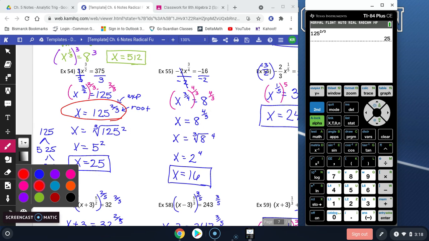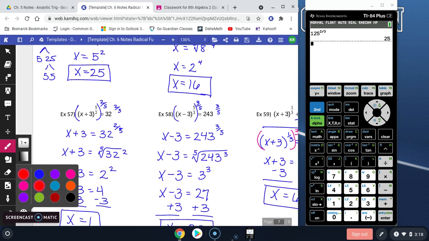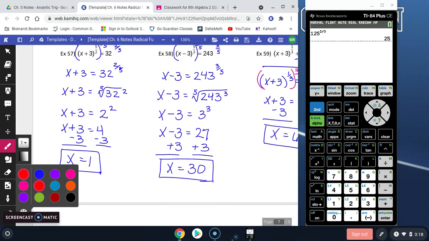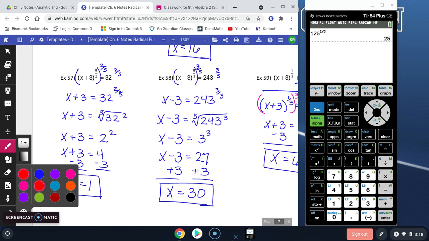Okay, so your calculator can handle those rational exponents. Then again, you could do the same thing right here with your 32 to the 2/5. So 32 caret to the 2 divided by 5 power, enter, and you get 4.